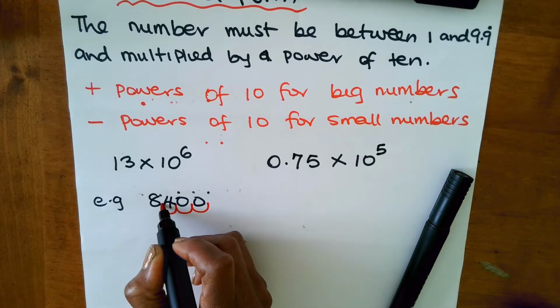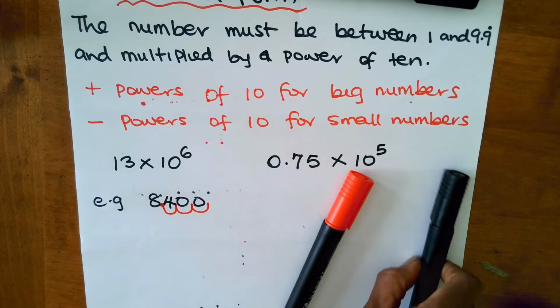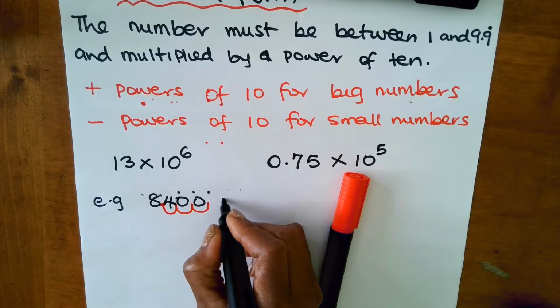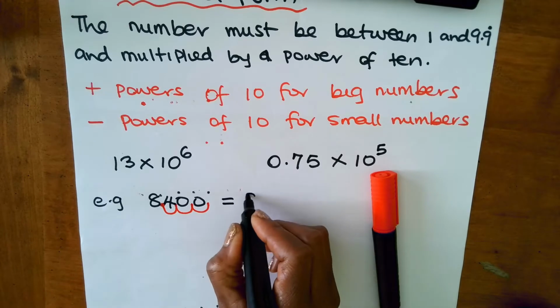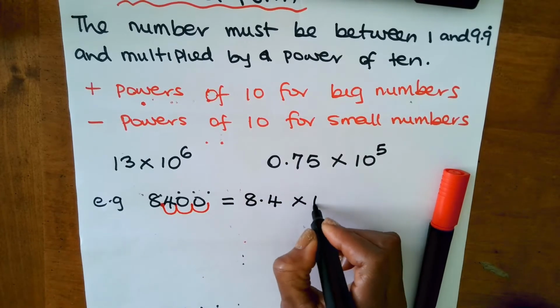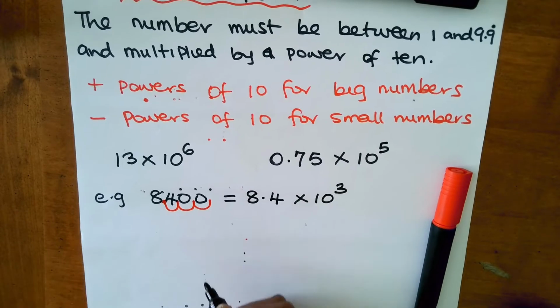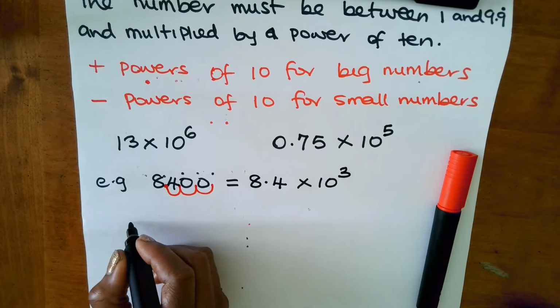I'm stopping here because it's between 1 and 9.9 recurring. So my answer to this question is going to be 8.4 multiplied by 10 all raised to the power of 3.